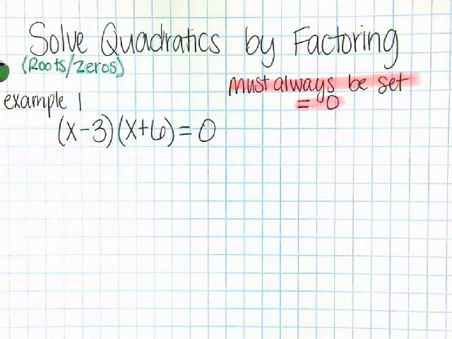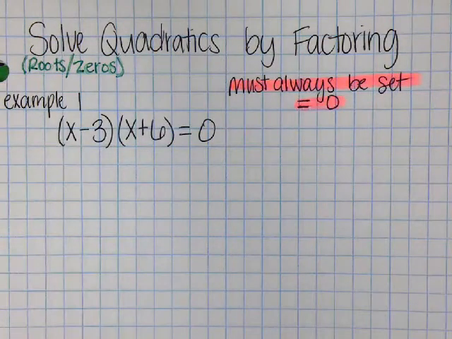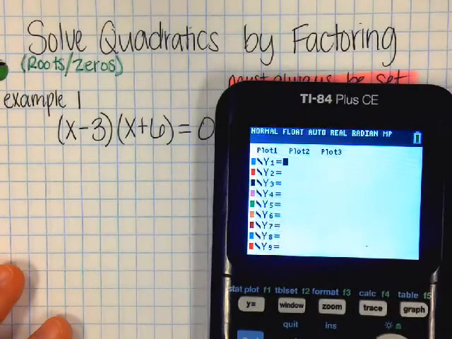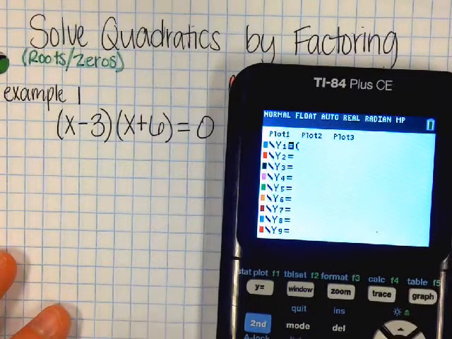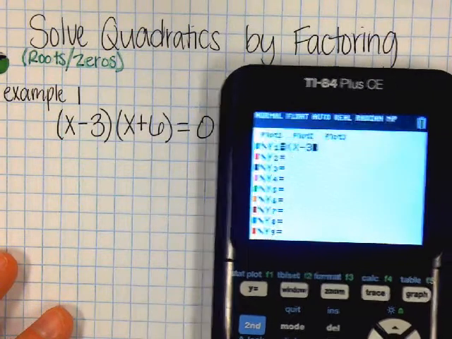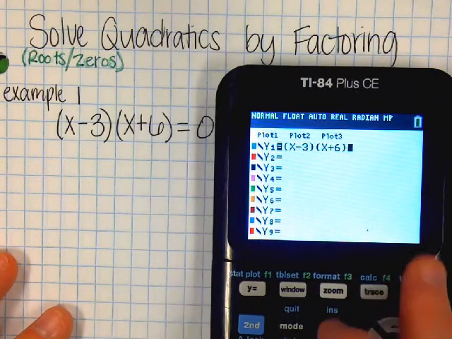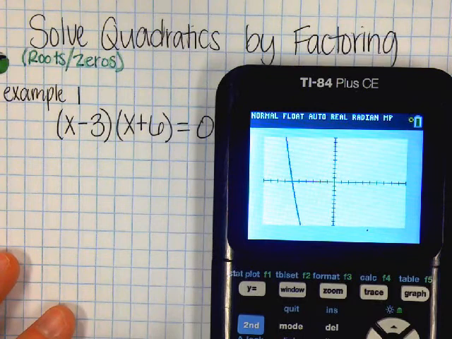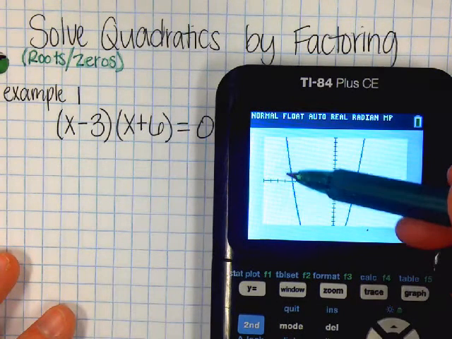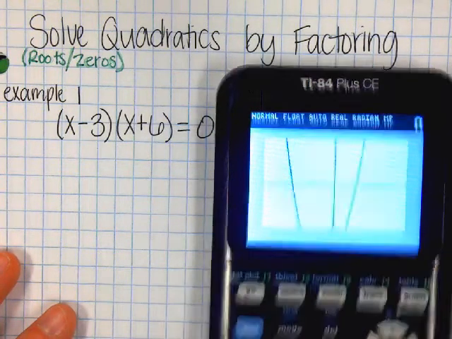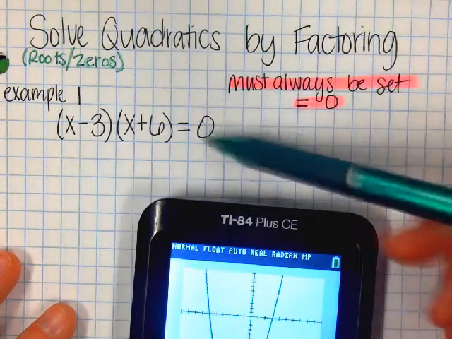So if I type in this equation, yes, it's going to give me the zeros, but I just want to remind you real quick. If we do x minus 3 and x plus 6, and we graph it, remember, there can be 2 zeros on these, and it's when the equation is equal to 0.